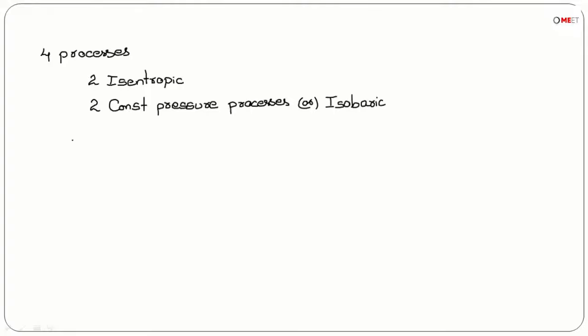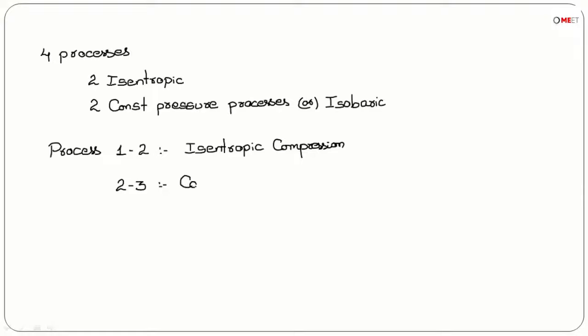Now here process 1 to 2 in case of Brayton cycle is isentropic compression. Process 2 to 3 is constant pressure heat addition.